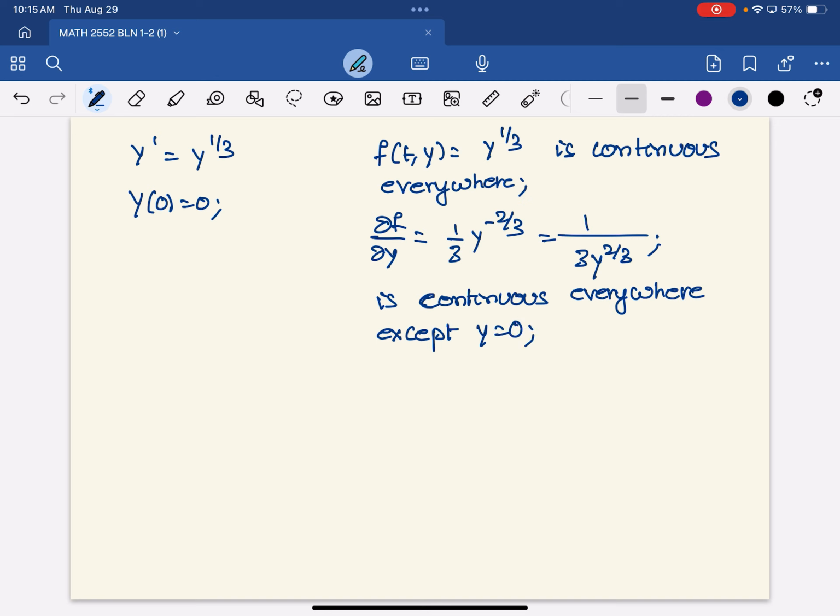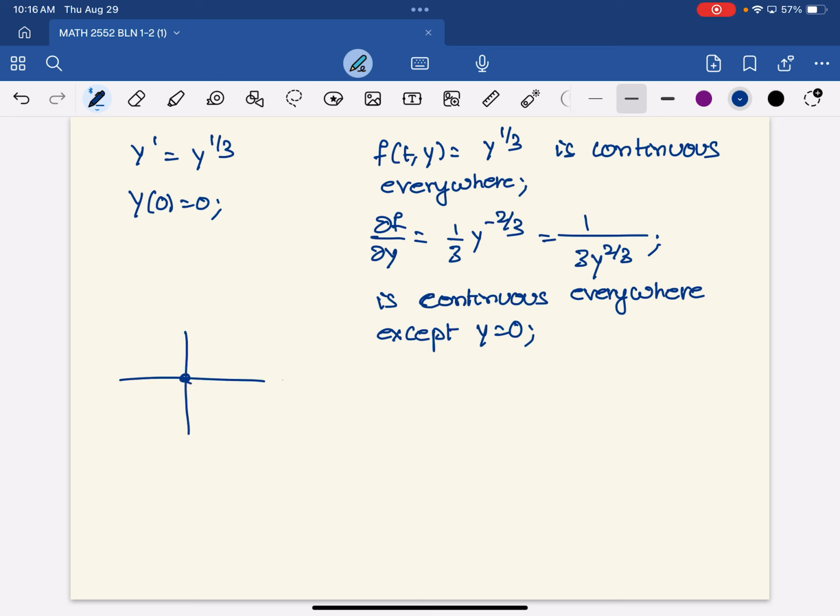Do you agree with me on that? So what is our theorem telling us? Our theorem says, let R be a rectangle. If your function f and partial f partial y are continuous everywhere in the rectangle containing the initial value, do you agree with me on that? Yes or no?